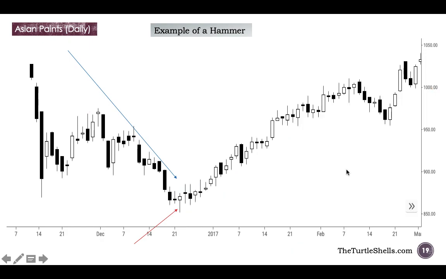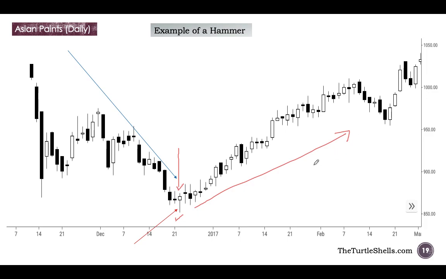Now if you see how aggressively the price has gone up here, just a single Japanese candlestick forecasts this huge rise in prices. The price has gone from 850 back again to more than 1000. So understand that simple patterns like this, which even school kids can identify, are so powerful in forecasting price movements in the future.